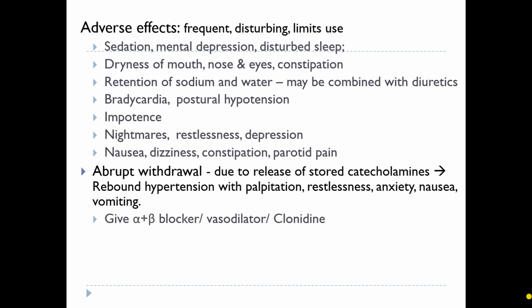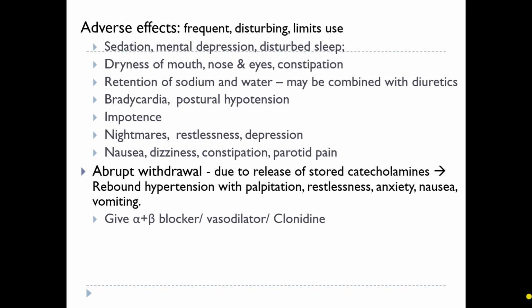Abrupt withdrawal, due to release of stored catecholamine, would produce rebound hypertension with palpitation, restlessness, anxiety, nausea, and vomiting. For the treatment of clonidine withdrawal, we should give a combined alpha and beta blocker or vasodilator or clonidine itself. That is why clonidine should always be withdrawn gradually.